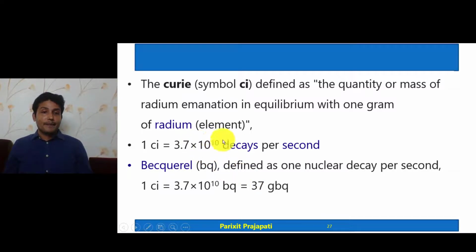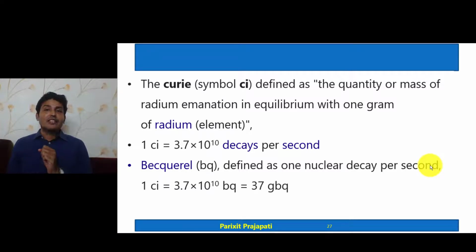So it is 3.7 × 10^10 GBq, or giga Becquerel. Now Becquerel is defined as 1 nuclear decay per second. So the earlier unit was Curie, and then the unit that came was Becquerel.